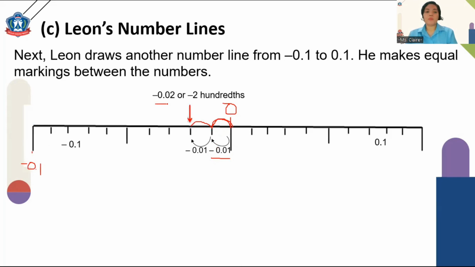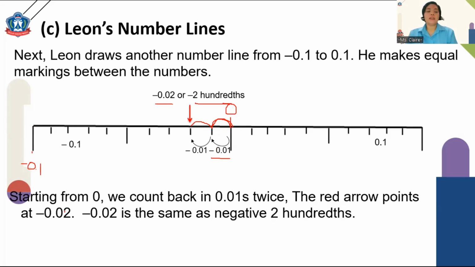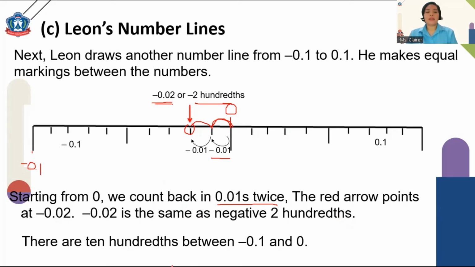So this is negative 0.02 or negative 2 hundredths. Starting from 0, we count back in 0.01s twice. The red arrow here points at negative 0.02. Again, negative 0.02 or negative 2 hundredths have the same value. So children, that's how to count on and count back on a number line using decimals, going to the right and going to the left of the number line. So there are 10 hundredths. Remember also that there are 10 hundredths between 0.1 here and 0.